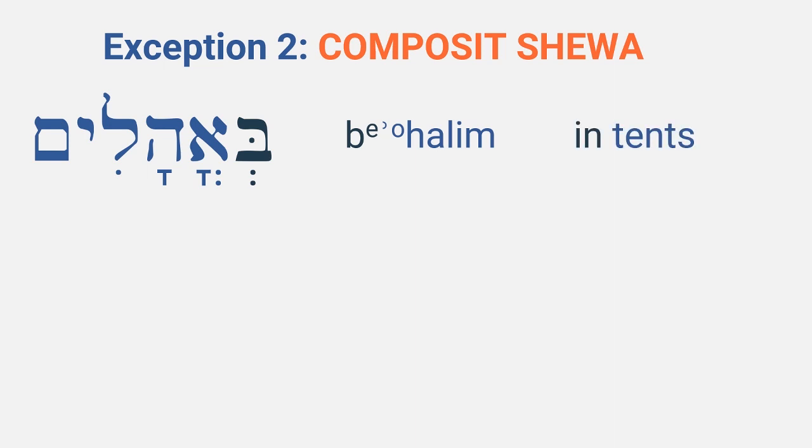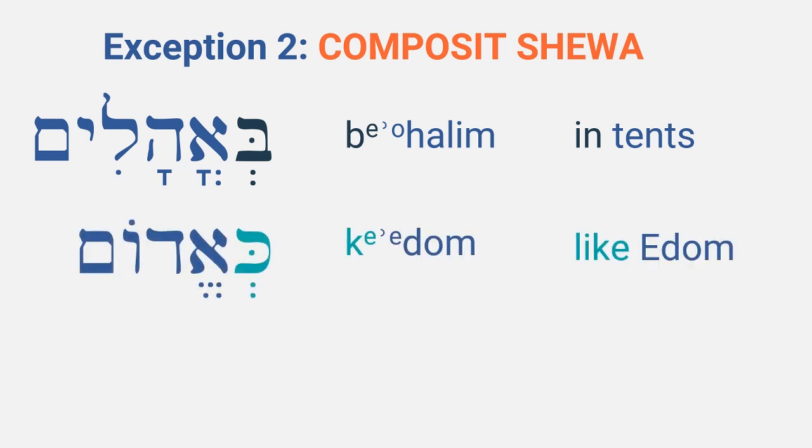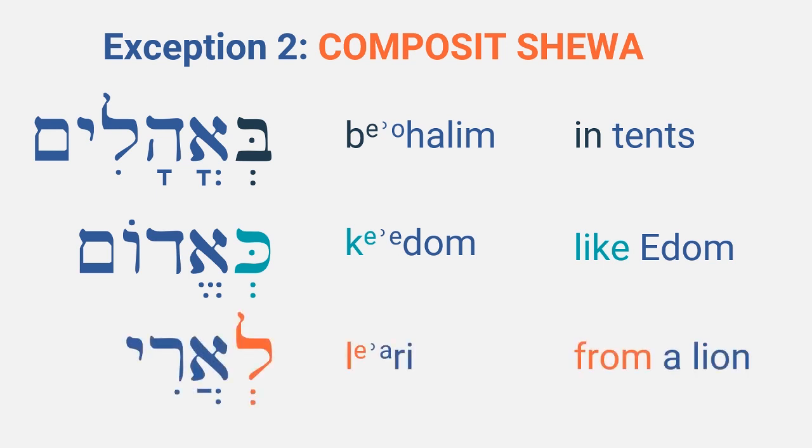Okay, let's again start with the unmodified standard way in which prepositions are added. Be'ohalim, in tents. Ke'edom, like Edom, and Le'ari, from a lion. Now the next step is to take the vowel part of the composite shewa and put that one in the place of the shewa under the preposition, like this.